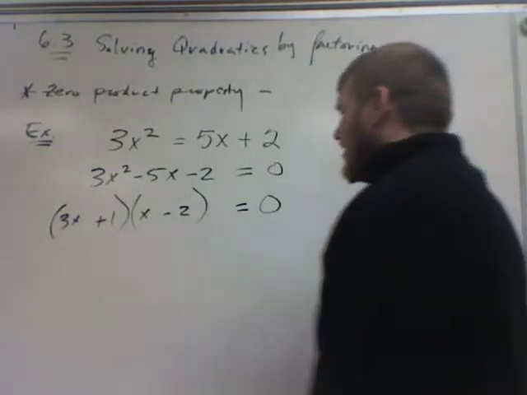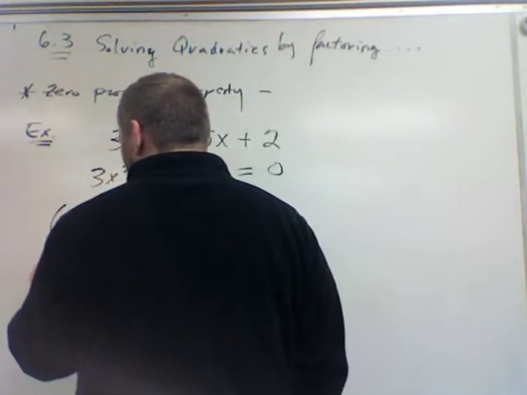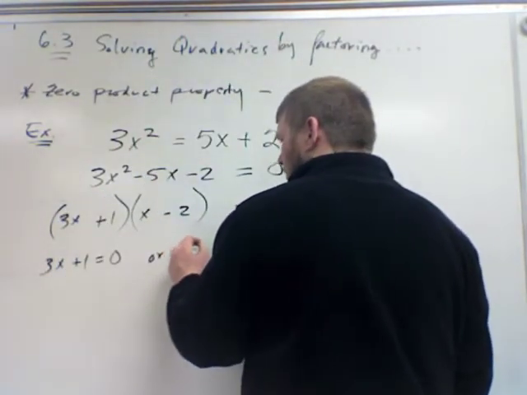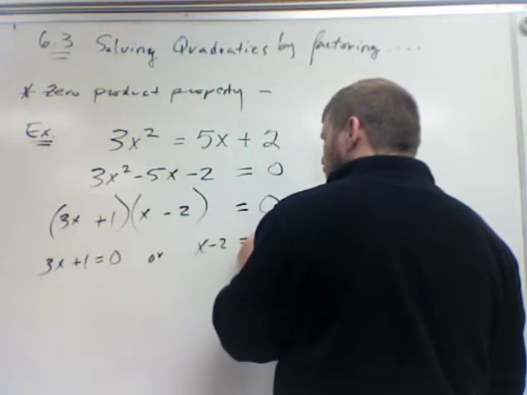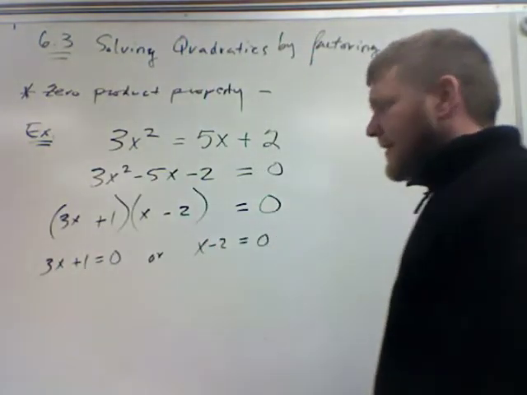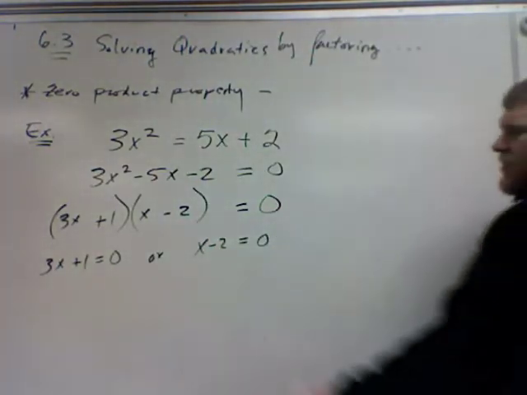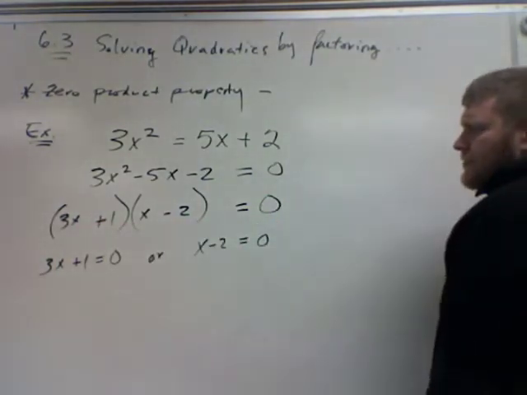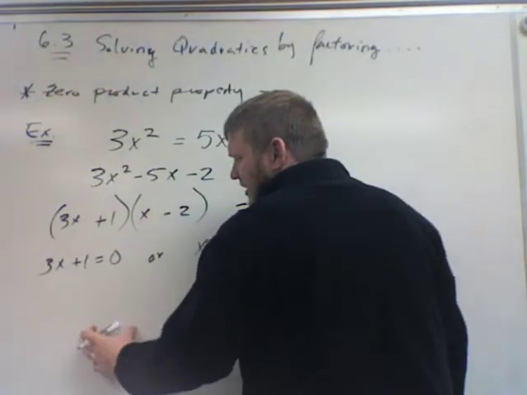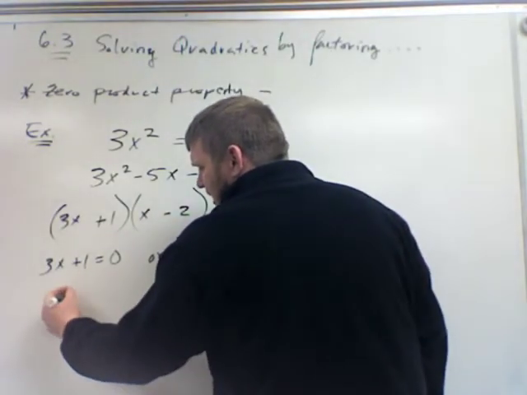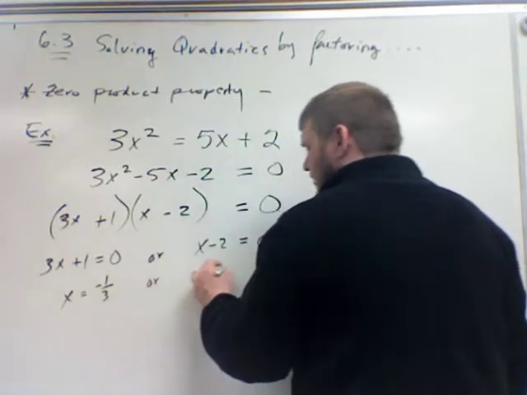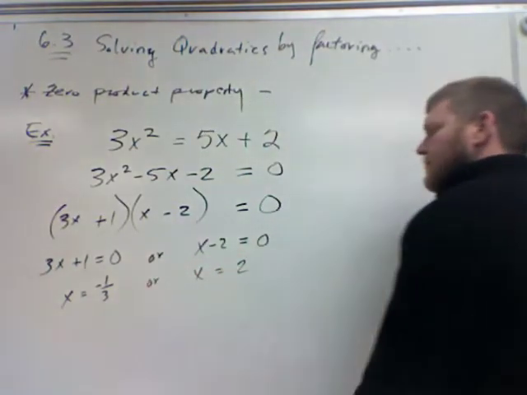I take each factor and set it equal to 0: this factor could equal 0, or x minus 2 could equal 0. Either one of these factors could be 0. Solve each individual situation, and I end up getting x equals negative 1/3, or x equals 2.